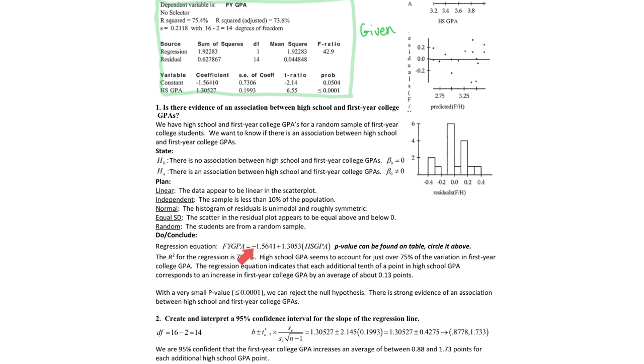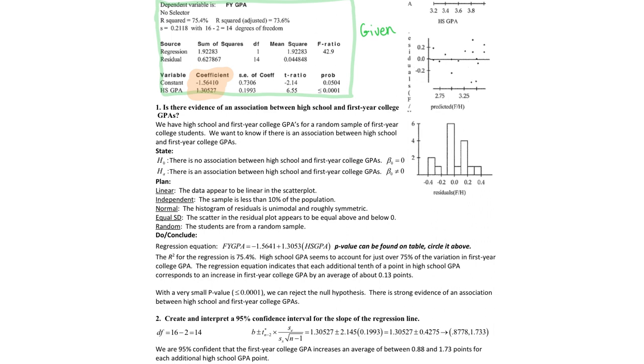So right here, it says negative 1.5641. Okay, it's been a long time since we've done this. Right here and here, these two numbers where it says coefficient, your constant and the other number there, are coefficients.